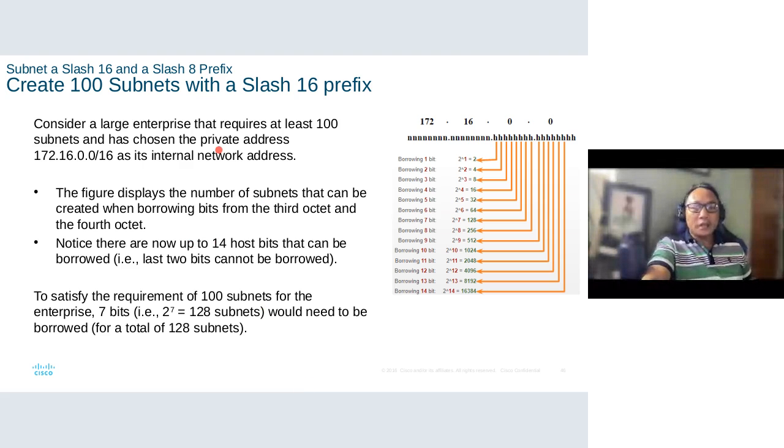Actually ito explanation lang, no? So for example daw, if you have a large enterprise that requires at least 100 subnets and has chosen the private address na /16, 172.16.0.0 as the internal network address. So anong slash ang gagamitin mo to get a 100 subnet?